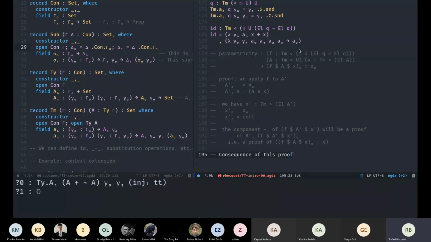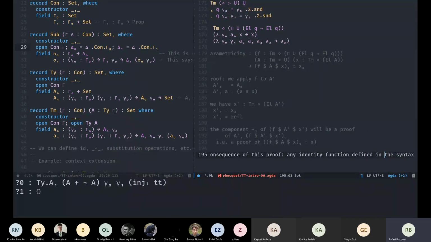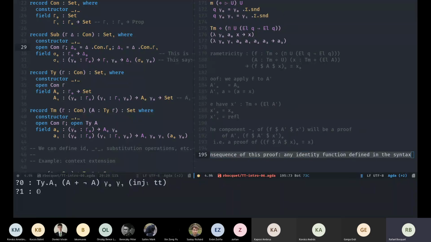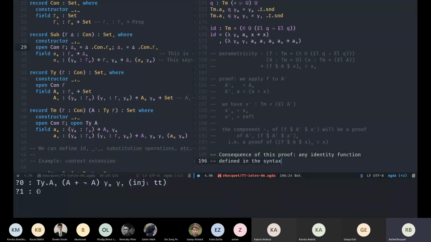And so the consequence of this parametricity proof for the family model is that any identity function defined in the syntax becomes the identity function in the standard model.